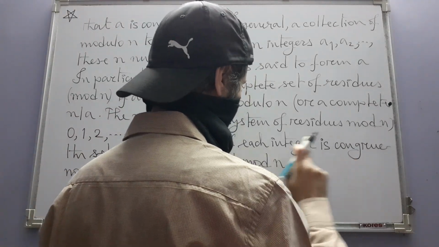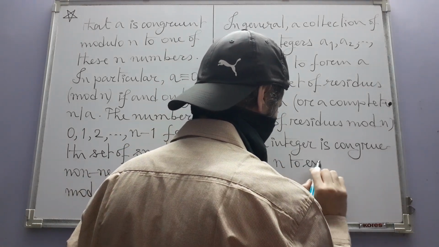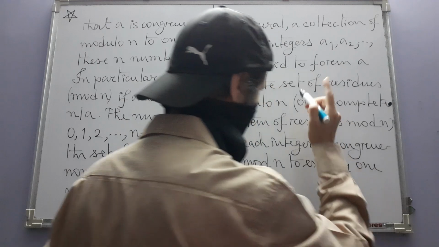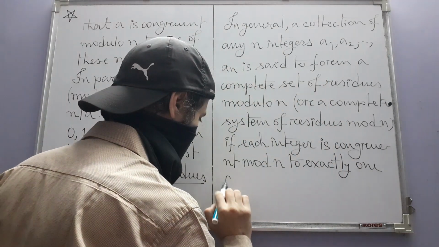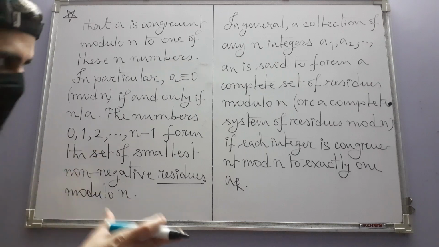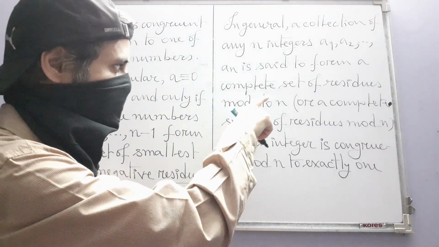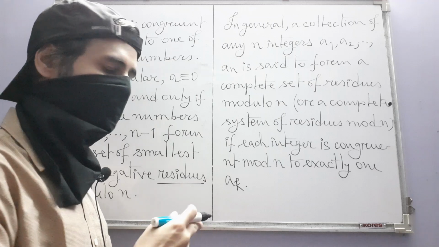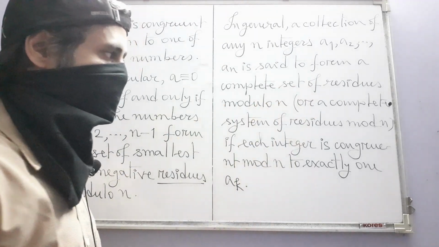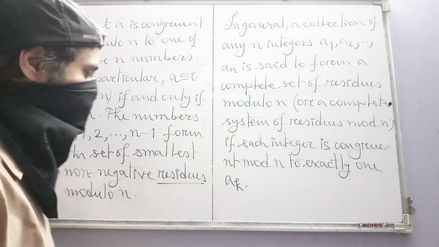If each integer is congruent mod n to exactly one of these numbers, a1, ..., an. If a set of numbers has this property, then that set is called a complete set of residues modulo n, or a complete system of residues modulo n.